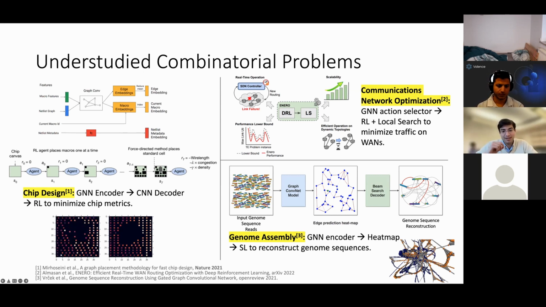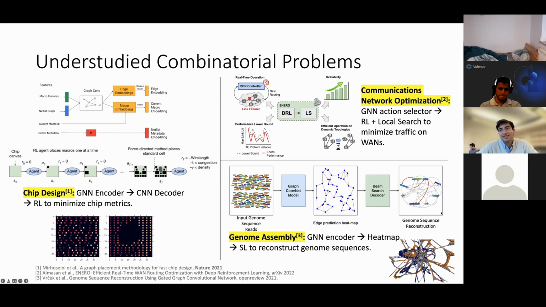You need to thread the needle through this soup of nodes, and it's a problem that has a huge impact. I mean, understanding the human genome or genomes of other organisms, and this problem can be cast as finding a path through a graph or finding a TSP-like tour through the graph.